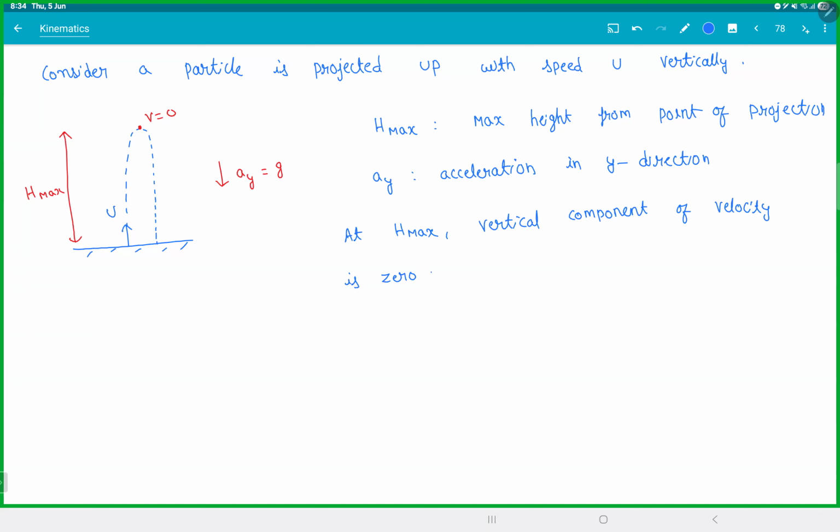Now I can use my kinematics equation: v square minus u square is equal to 2as. Remember, up is positive, down is negative. At Hmax, your velocity is 0, initial speed is u, so u square; the gravity is downward, so minus g, and s is Hmax. We get the formula Hmax is equal to u square by 2g.